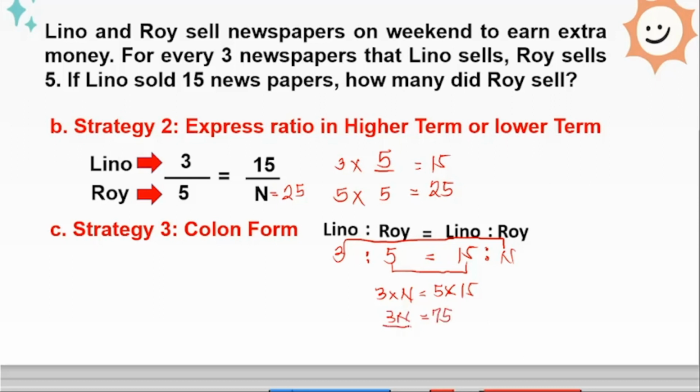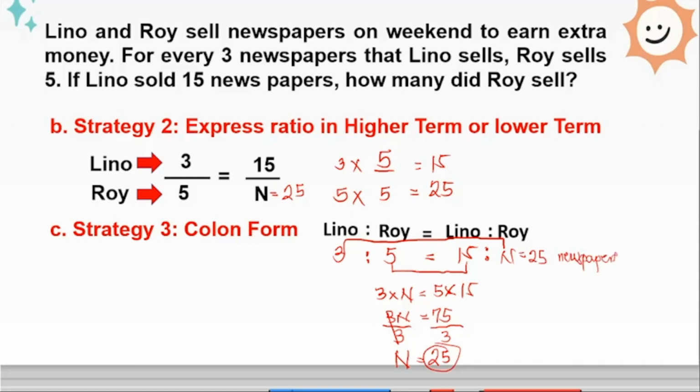Then, divide both sides of the equation by 3. So we can cancel 3 kasi 3 divided by 3 is 1. So matitira na lang ay n. 75 divided by 3 is 25. So same answer lang din. So n ay 25. So si Roy dito ay 25 newspapers.